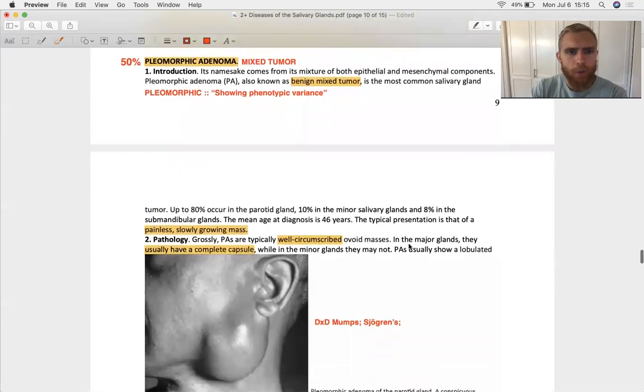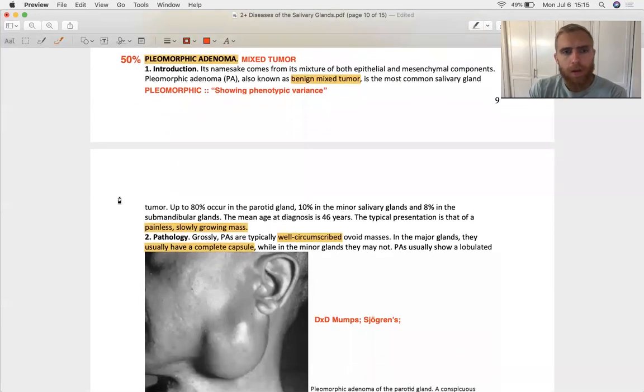Let's talk about the pleomorphic adenoma. Again, it's half of all salivary gland tumors. It's a mixed tumor, and what that means is it's got a couple of different cell types within it displaying malignancy. So typically, when we cut open a tumor, there's one cancerous cell type, and then there's usually a lot of other cell types that you will see on histology, but they're not cancerous cells.